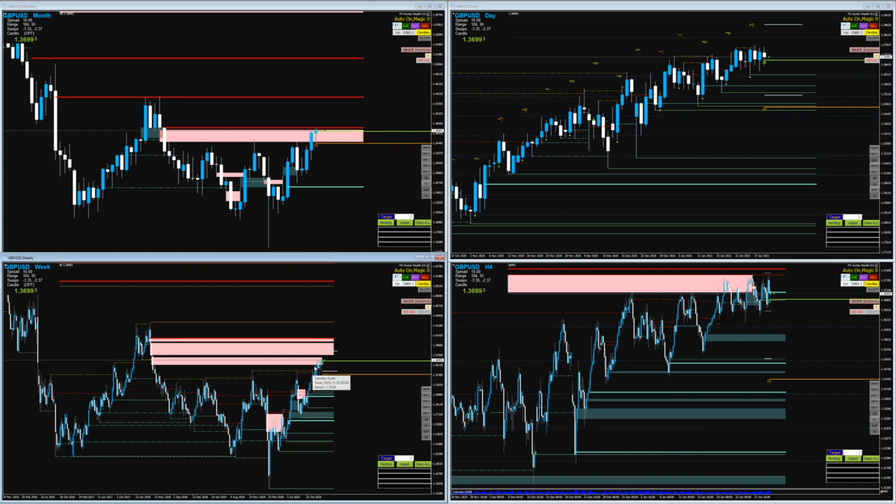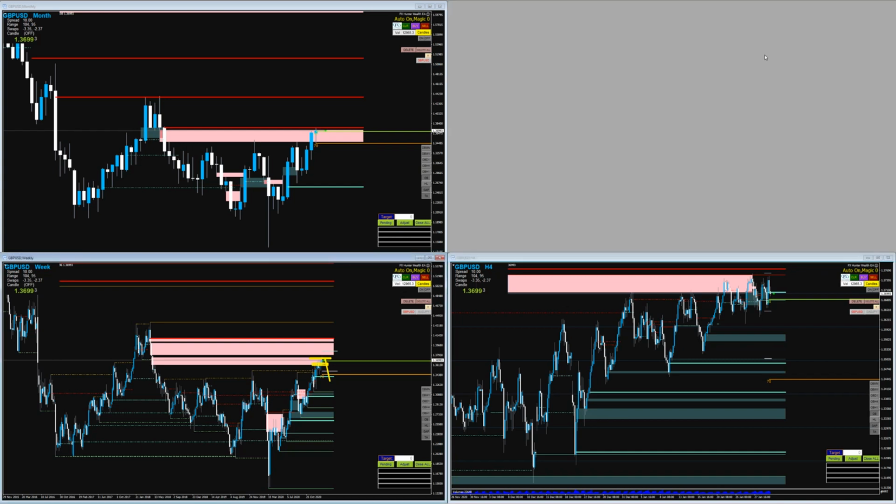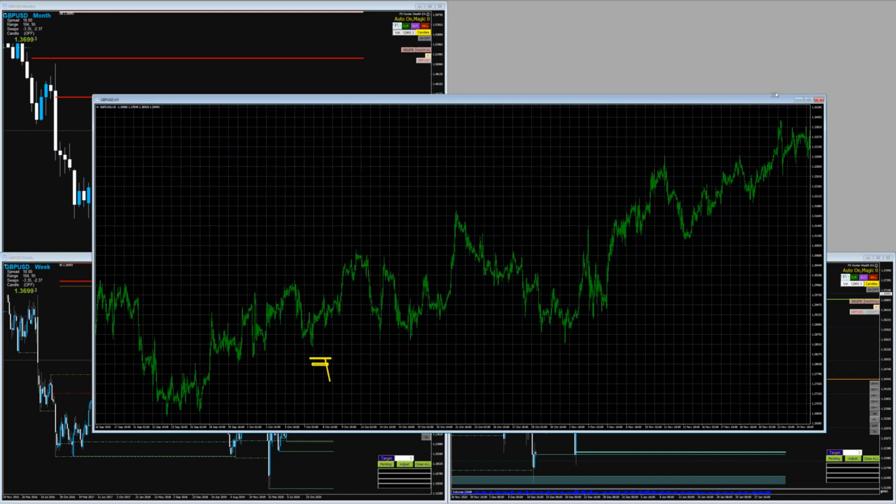But what I'm thinking here is that as these highs are being taken out, I think that we will see the correction right now. Yeah, so as said, this correction could happen on the weekly. We might see a correction into here. Sorry, I have closed this chart window, don't know why.